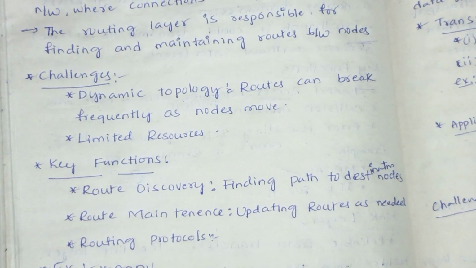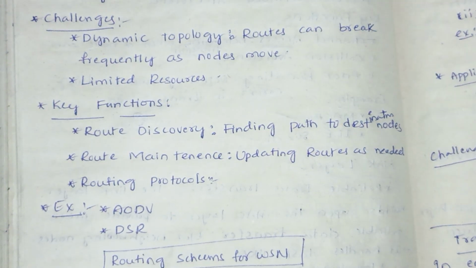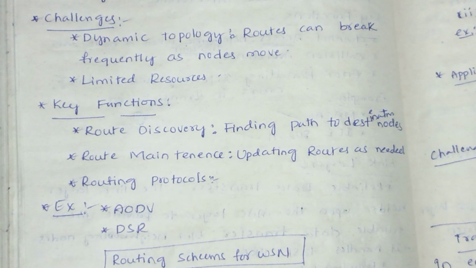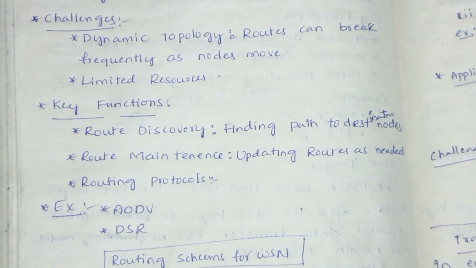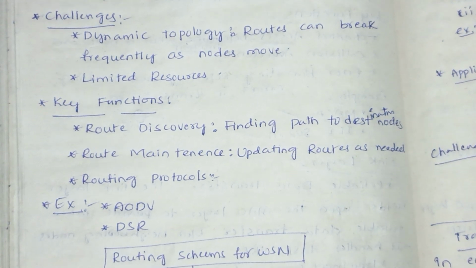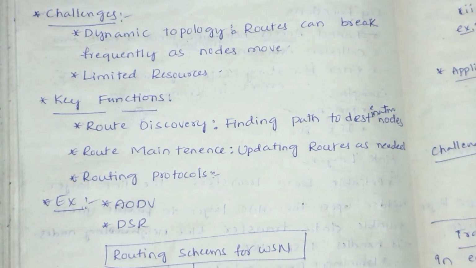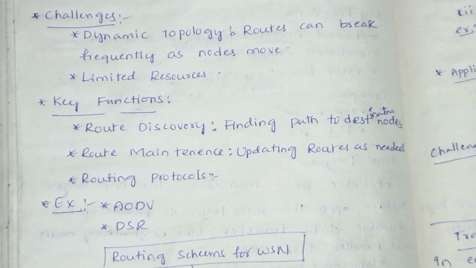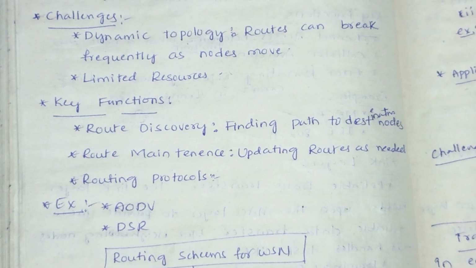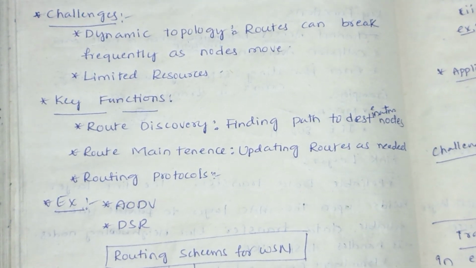Coming to the key functions: route discovery and route maintenance. Route discovery is finding the path to the destination. From source to destination, whichever nodes are present, discovering those routes is route discovery. To pass the data from source to destination, we need to know which nodes to follow to reach the destination.